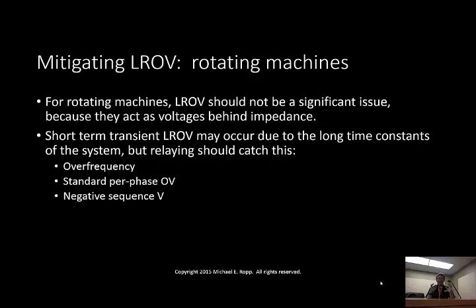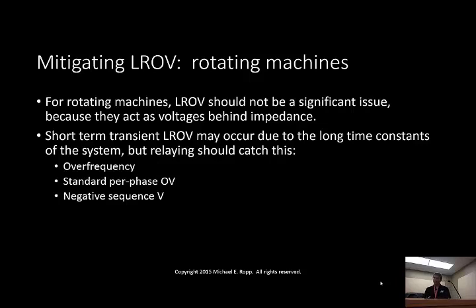So a rotating machine operating in PQ command mode, feeding constant power, constant VARs into the grid, may give you a little bit of an LROV because it's going to take just a minute to regulate that power out. So when you first get the situation, it might momentarily source more power. And of course, the frequency will drop when it does that.